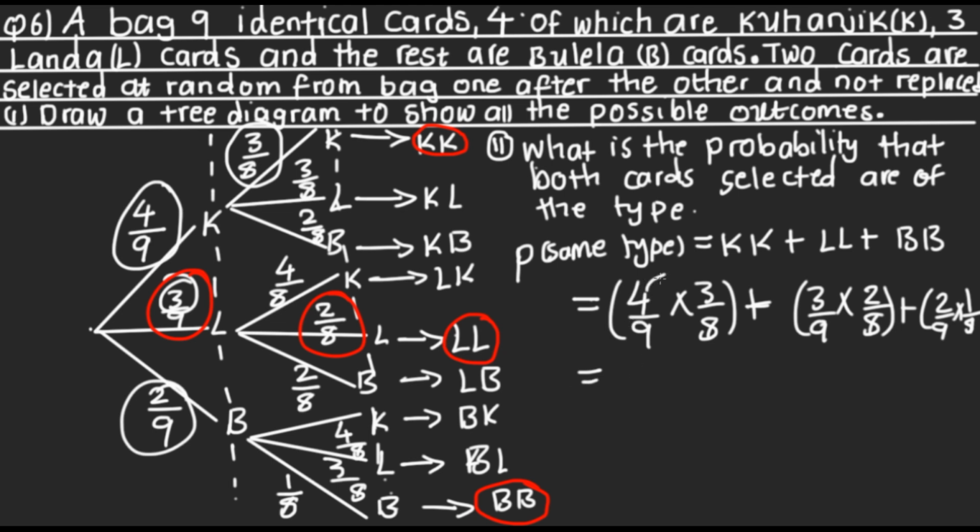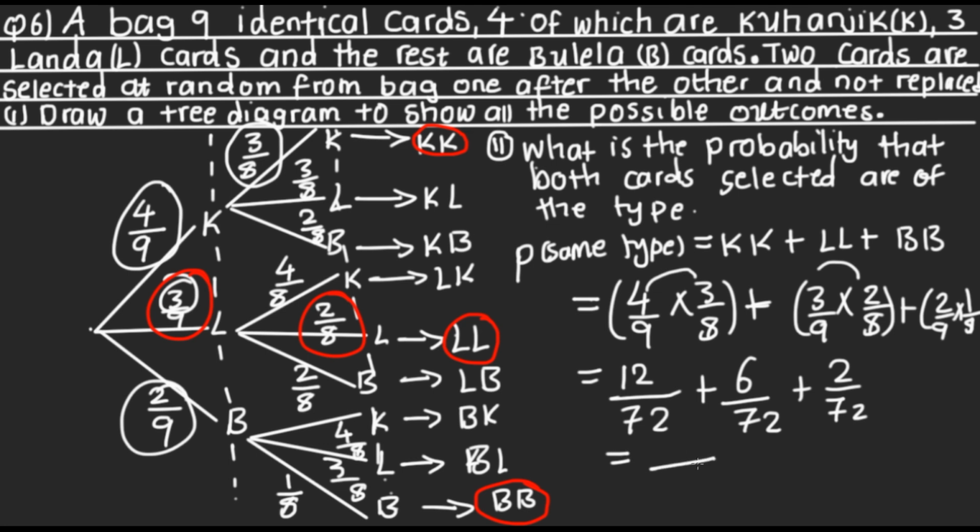So we can now multiply. 4 times 3 is 12 over 9 times 8, I'm getting 72, plus 3 times 2 is 6 over 72 plus 2 over 72. No need of finding the lowest common denominator. So we can just say 12 plus 6 is 18 plus 2, that is 20.